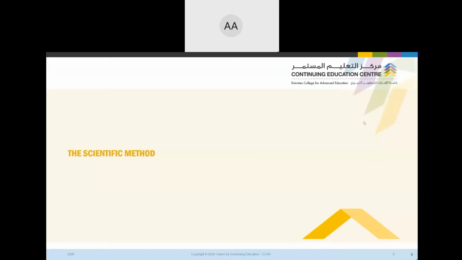Okay, so let's look at our first topic of the day, scientific method. This is something that we all teach from cycle 1 all the way through to cycle 2 and 3, even at degree level. We never stop using and looking at the scientific method.